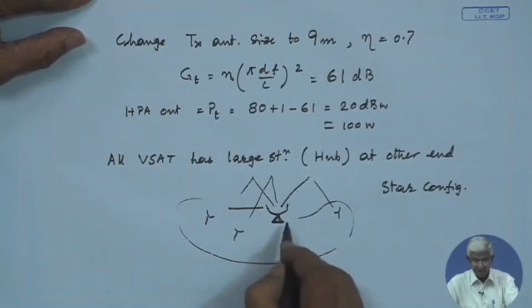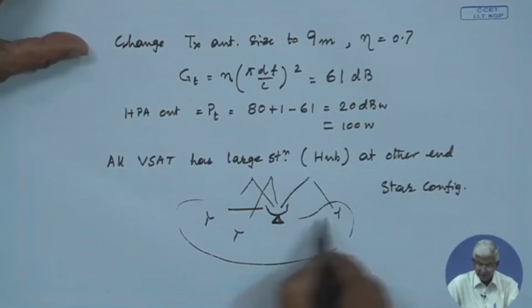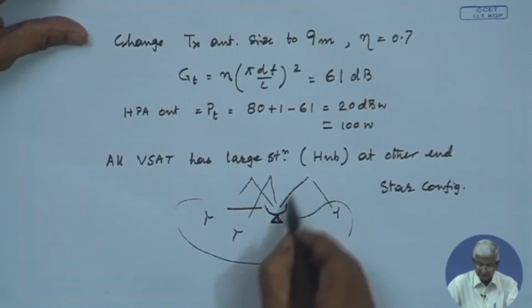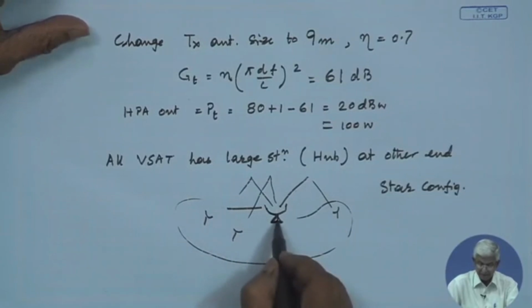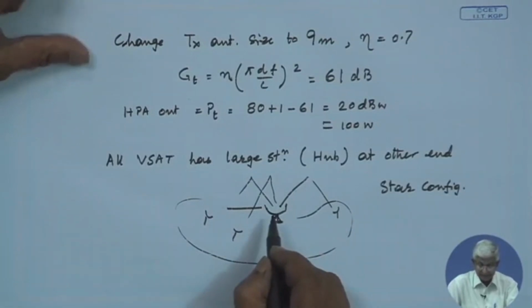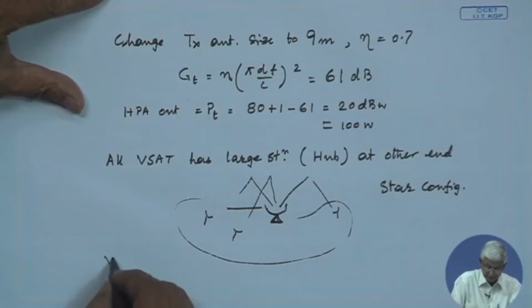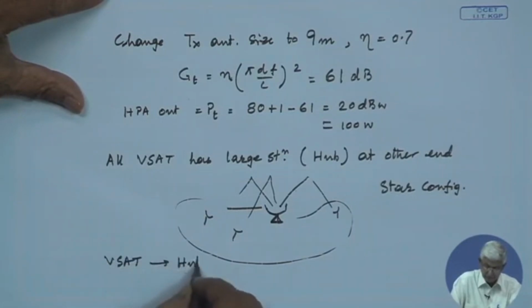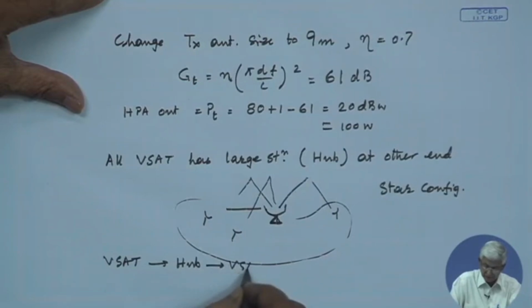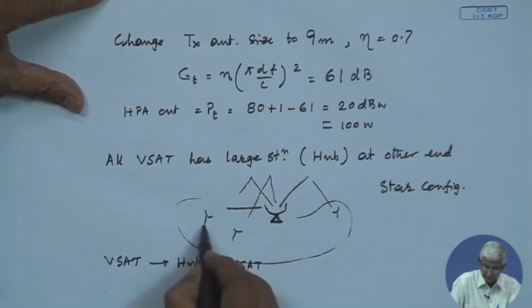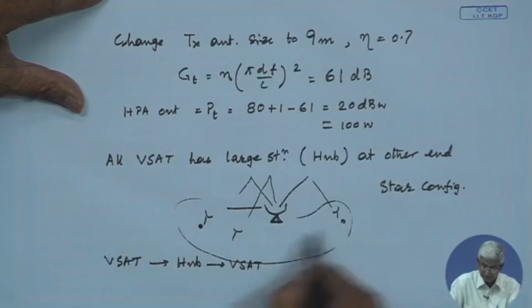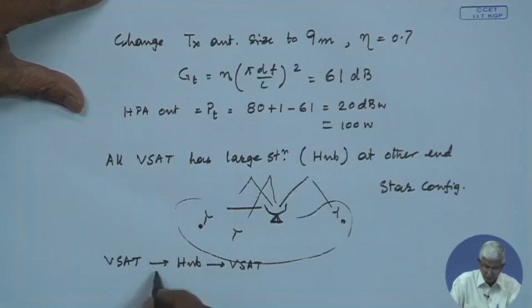One big advantage of star type configuration is the routing from VSAT to VSAT can be easily done at one place. One of the big basic disadvantage is that you are communicating from VSAT to hub to another VSAT. So, if there is a real time communication from this VSAT to this VSAT, you will need 2 hops, and each hop is 250 millisecond.